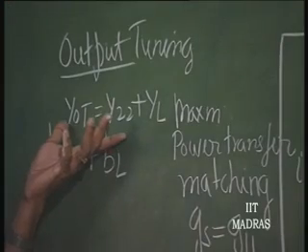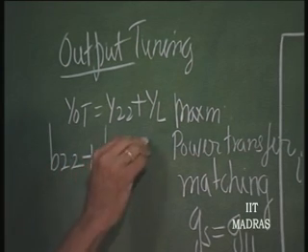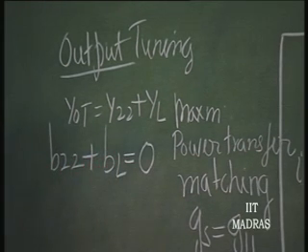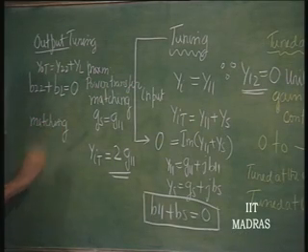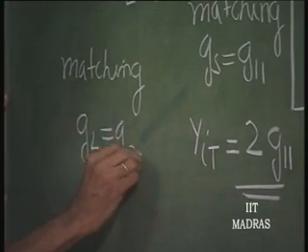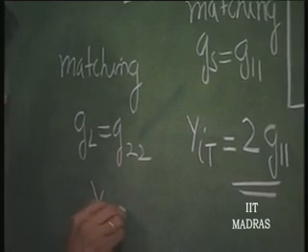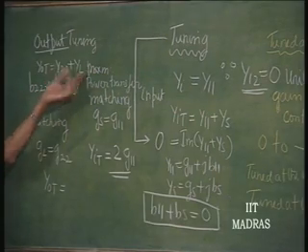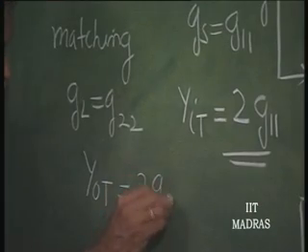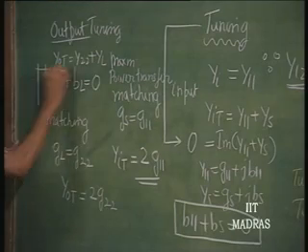So, Y naught total is equal to Y22 plus YL, and the imaginary part B22 plus BL is made equal to 0, and matching occurs when GL is equal to G22. Y naught total at that point is equal to G22 plus GL, which is twice G22. So, this is tuning at the output.